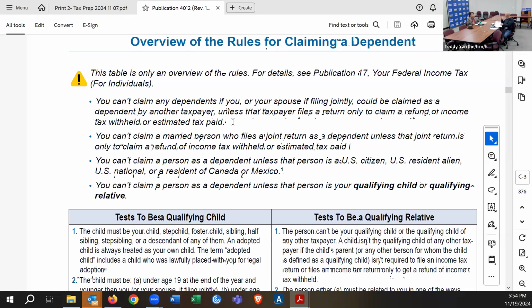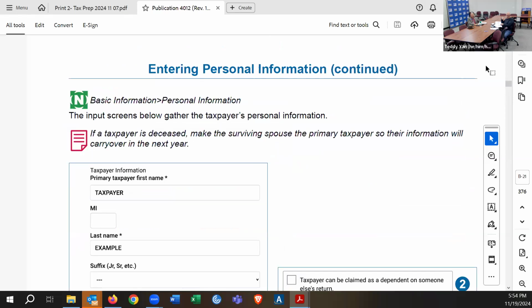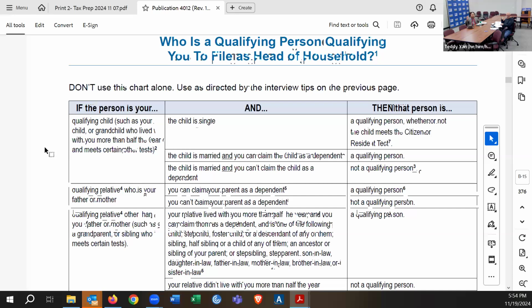So Kat, and then we just figured out Dottie is Kat's child, who is, let me make sure I'm actually saying this right, hold on. Gotta head back to the head of household. Dottie is Kat's qualifying child who is single, therefore she is a qualifying person for head of household, which means Kat is head of household twice over, because both Manny and Dottie are qualifying people for the purposes of head of household.